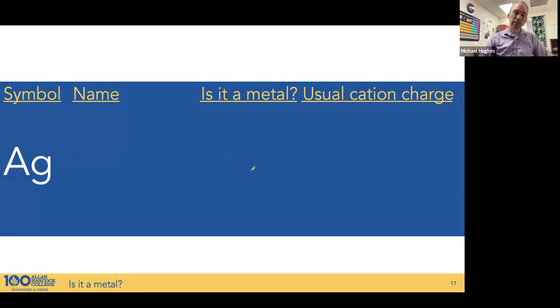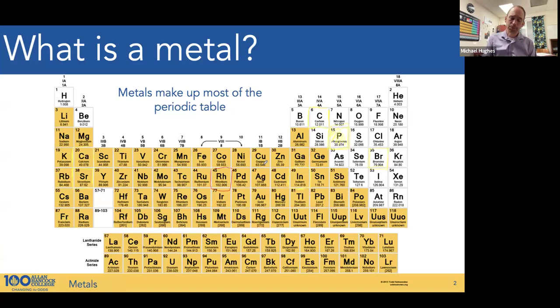Ag. What symbol is Ag? Remember that the symbols that we encounter may come from Latin, Greek, German, and so the symbols might not match up with the English word that we use, such as silver has the symbol Ag.